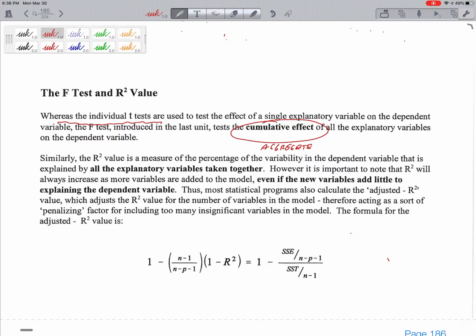However, it's still important to note that the R-squared will always increase as more variables are added to the model, even if this new variable adds little to explaining the dependent variable.